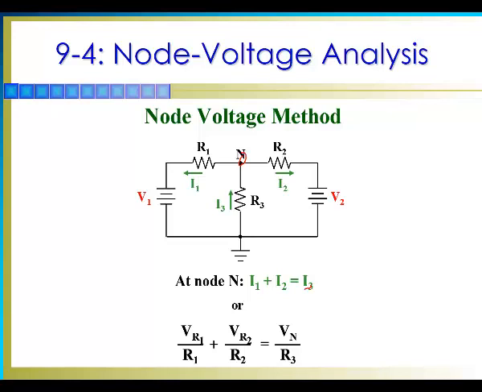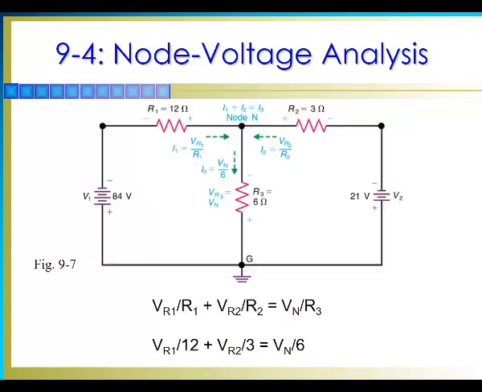Instead of the current, we can say that I1, which is the voltage on R1 divided by R1, plus the voltage on R2 divided by R2 equals the voltage on R3 divided by R3, but the voltage on R3 is the voltage on the node N. Okay, and from this equation we can solve for Vn, and then we find the voltage on that node.